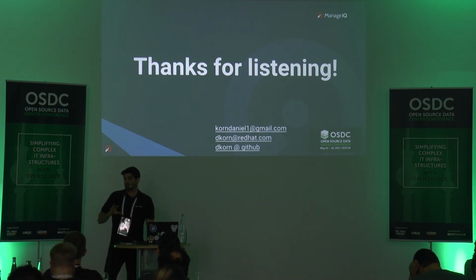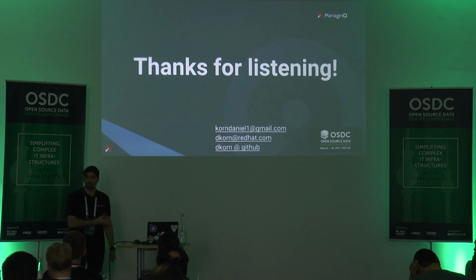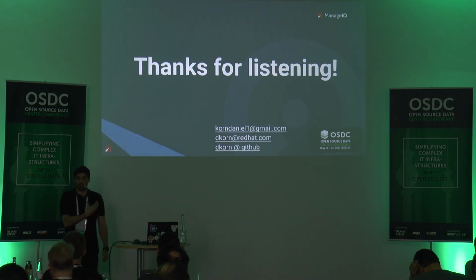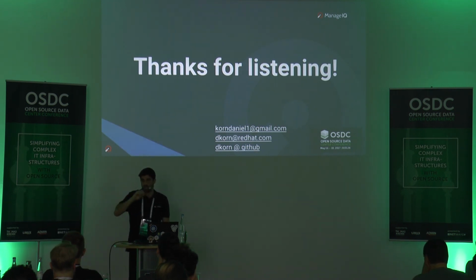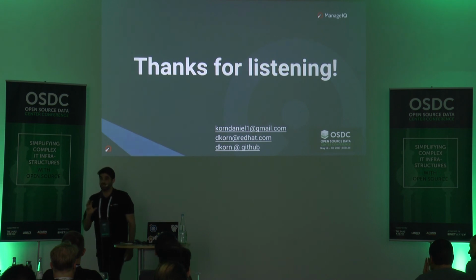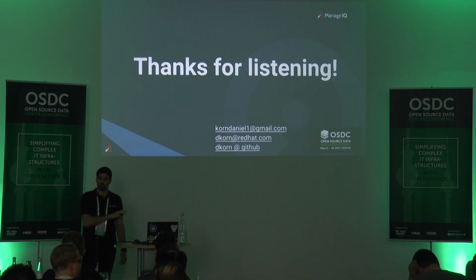I can also show you afterwards, if you want, the implementation I did for the OpenShift installer, because we wrote a state machine there, and you can see all the methods inside of it and what happens in the different cases. But this is all inside the ManageIQ automation engine area.